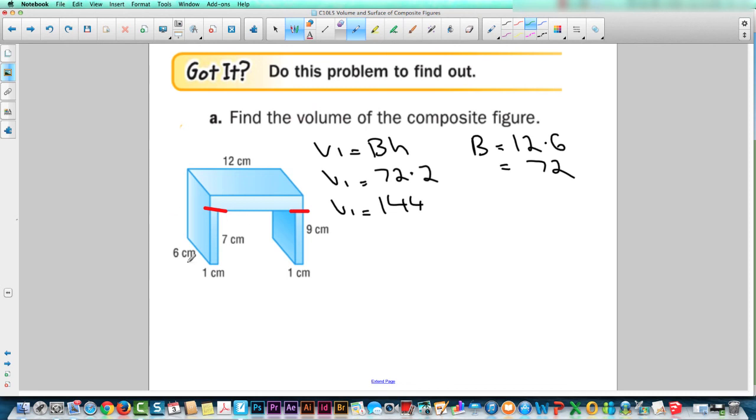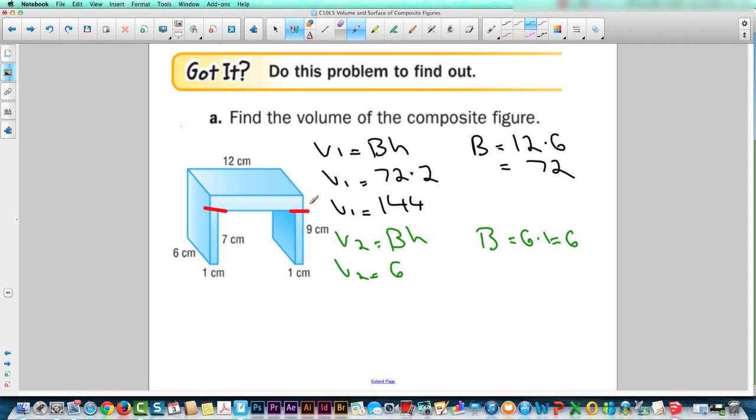Now I'm going to do this piece over here. So I'll call that volume 2. So this piece right here. So I know I'm going to do capital BH again. Going to get the area of the base. And I know that it's 6 by 1. So that's 6. So I'm going to replace B with 6. And I need to multiply it by its height.